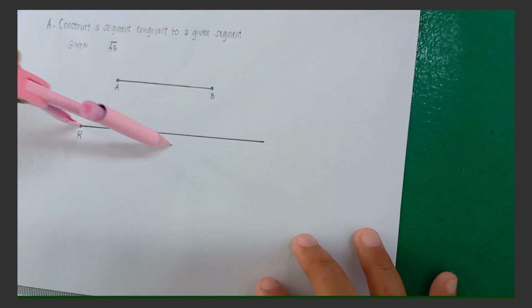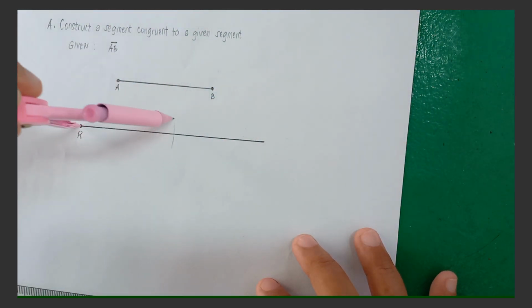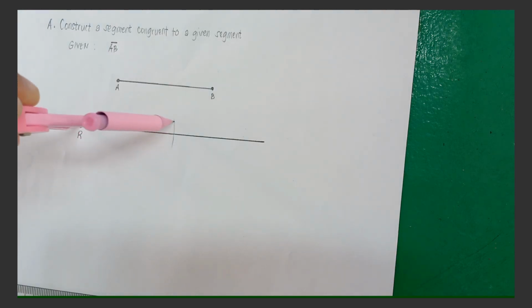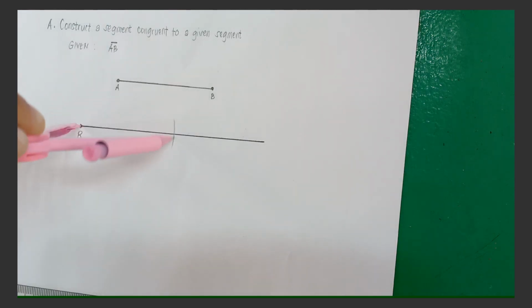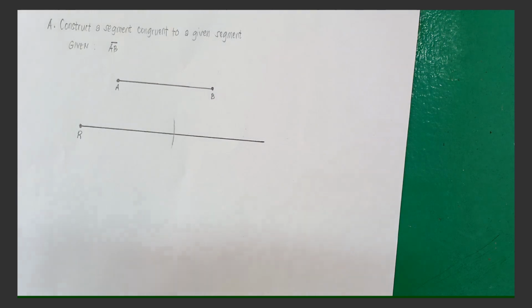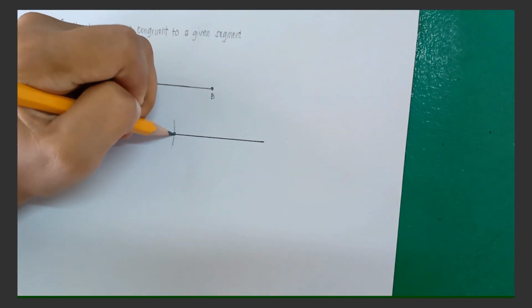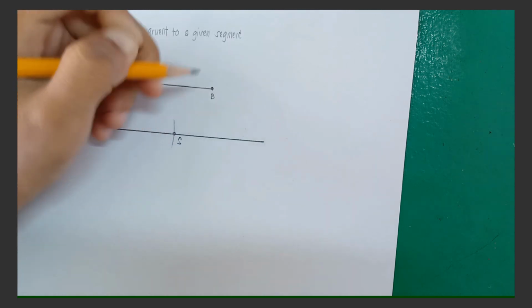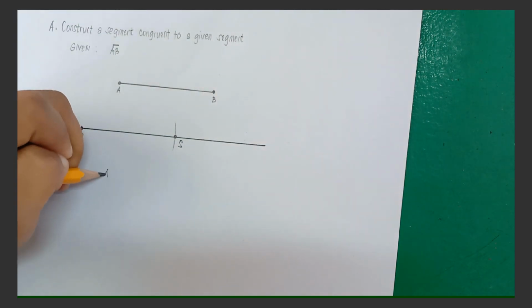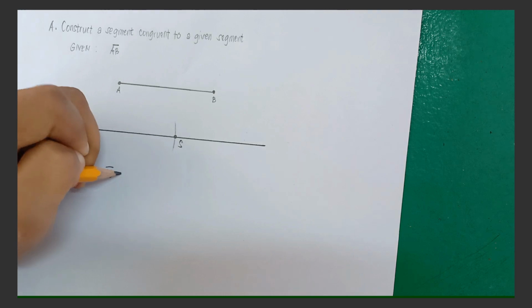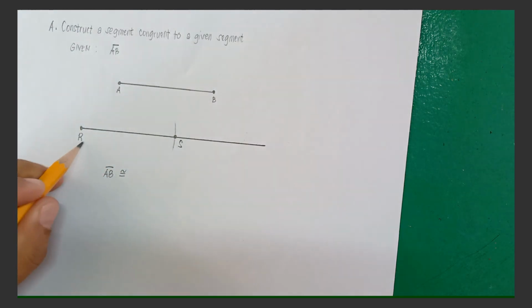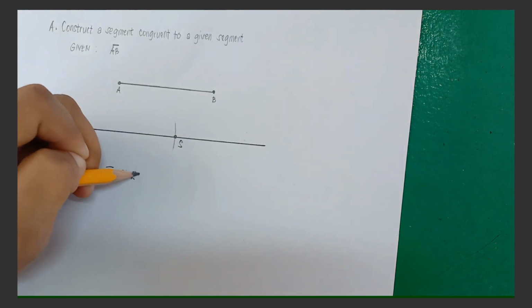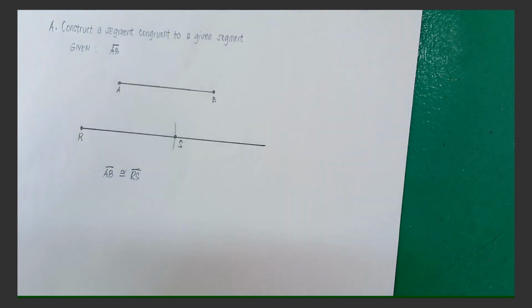Label the intersection point S. So the intersection is here, and this is point S. So line segment AB is congruent to line segment RS.